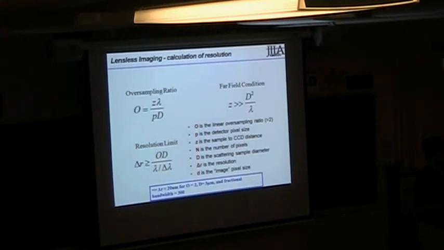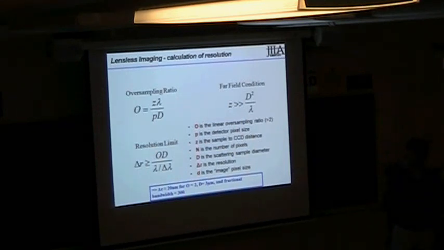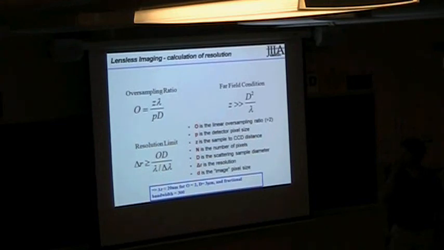If the path length differs by more than that, then we don't have interference anymore. So if you have a smaller sample, each fringe corresponds to higher spatial frequency.